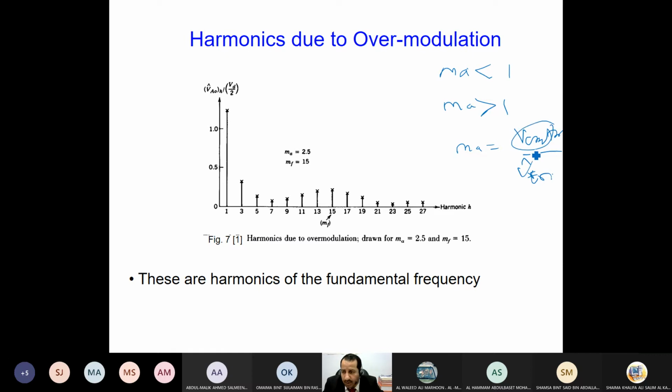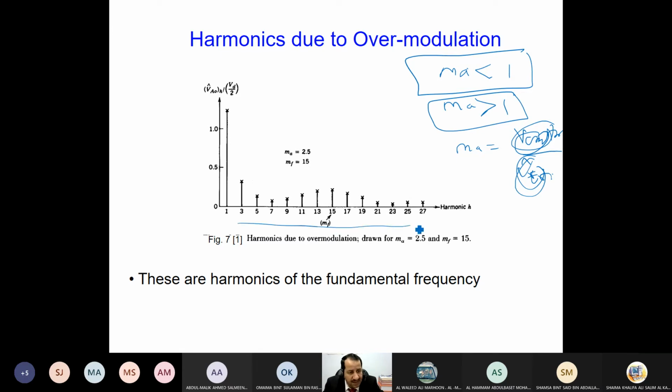When V control is lower than V triangle, we have linear modulation. But when V control is greater than V triangle, we have over modulation. In over modulation, harmonics are reduced, yes, correct. It's non-linear, not linear anymore. And as you can see here, the sideband harmonics are reduced.